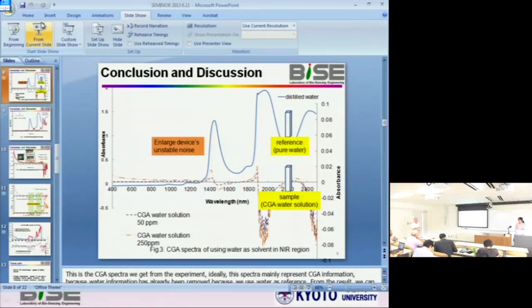Any other suggestions? Comments? In your graph with both the water and the acetone, you showed that there are areas where there is minimal noise. Why do you not restrict your analysis to that area alone? Why do you want to get a broad spectrum analysis?